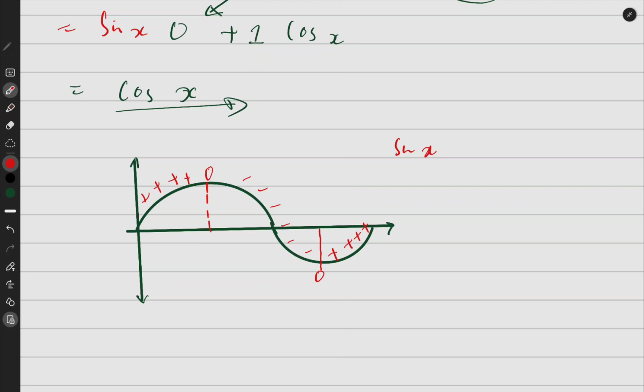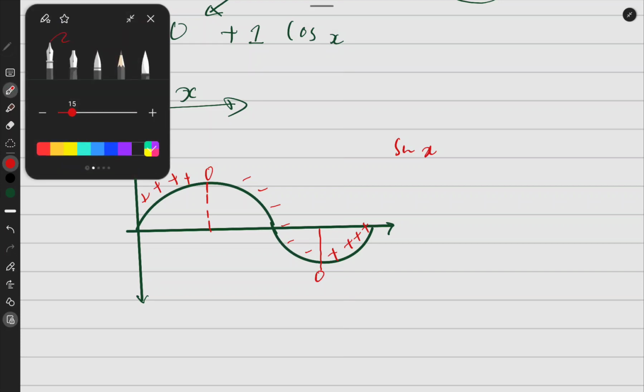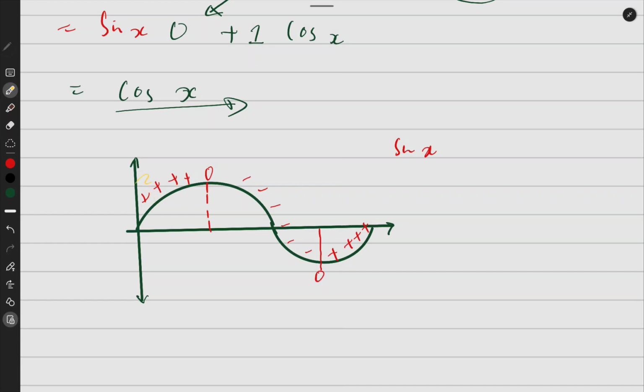If I can just show you the answer, this function goes positive, goes to 0, and goes negative, and here it goes to 0.